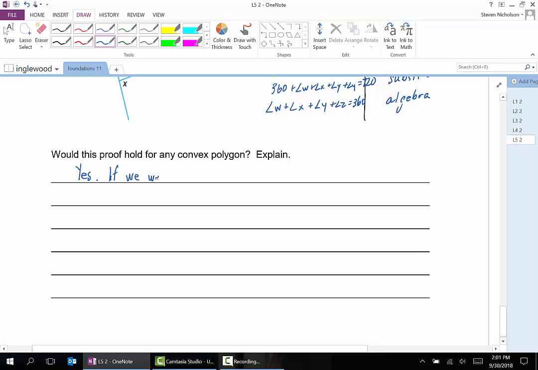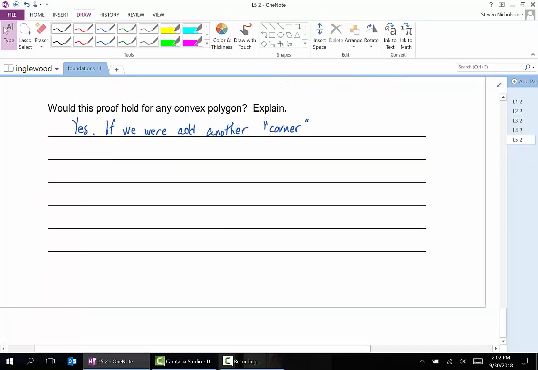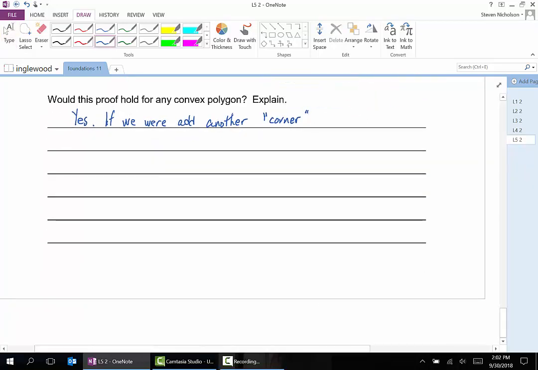So if we were to add another corner, when you go from a 4-sided to a 5-sided shape, you're just adding another corner. We would be adding another 180 degrees. So again, instead of W plus X, that's 180.